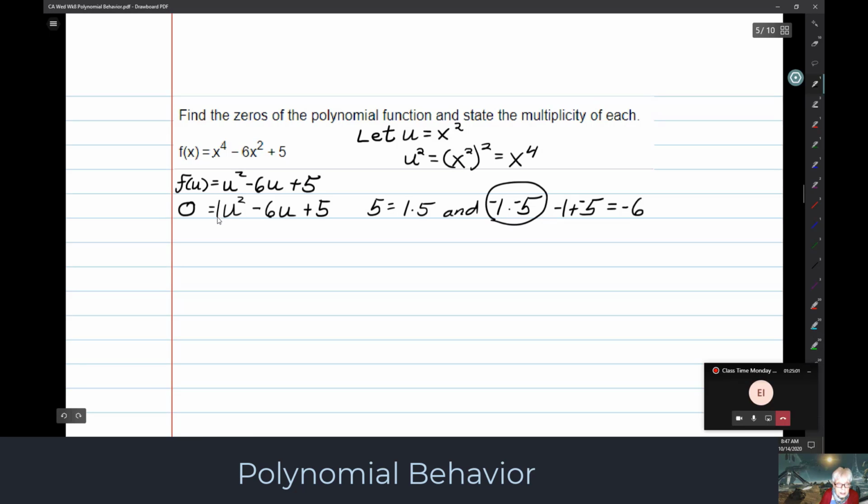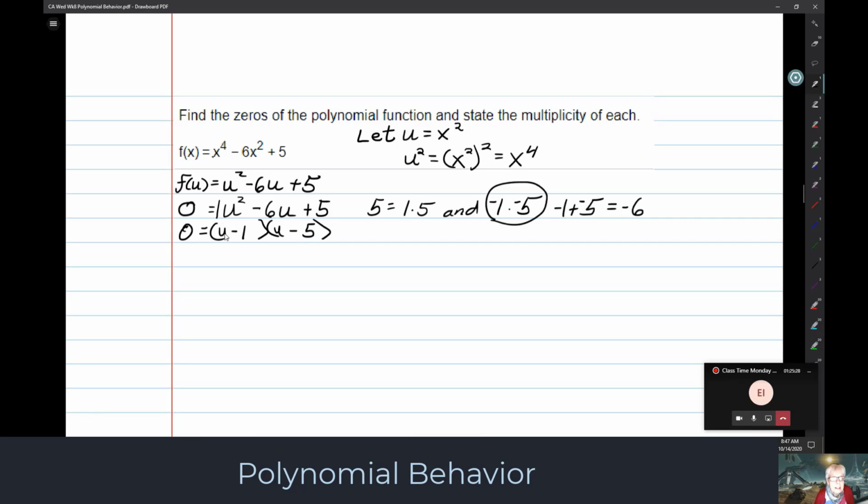Notice there's a 1 in front of the U squared, so I can use the faster method of grouping here, which I like a lot. 0 equals boom, boom, boom, boom. Put a U, put a U. Put a -1, put a -5.